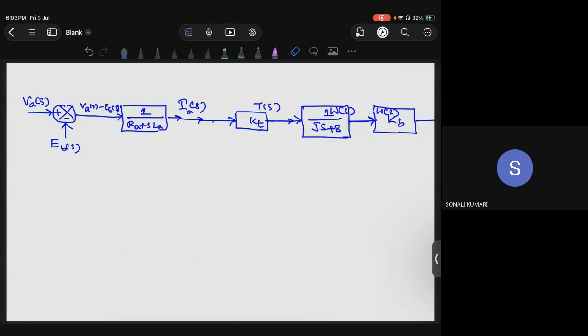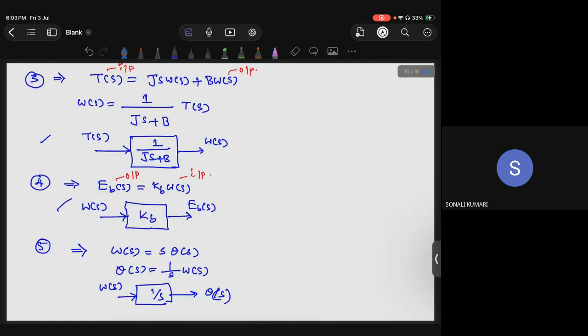Omega of S. Here what do we have? We have theta of S. So what is the final equation? Final equation is omega of S, and the input and output is theta of S.